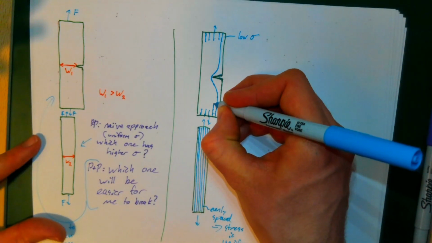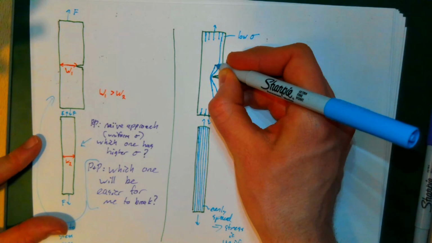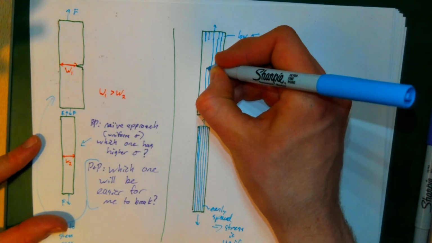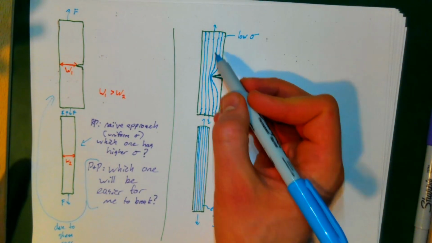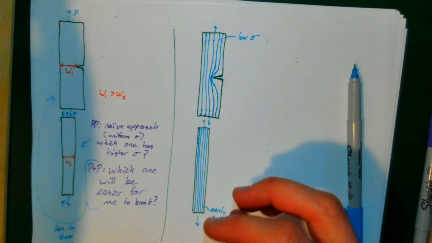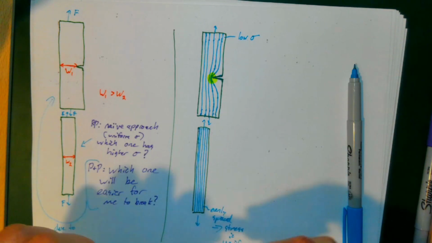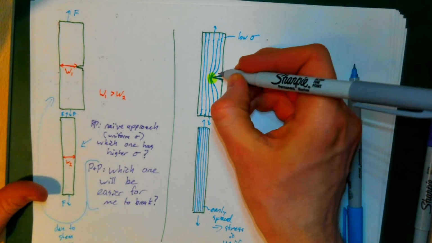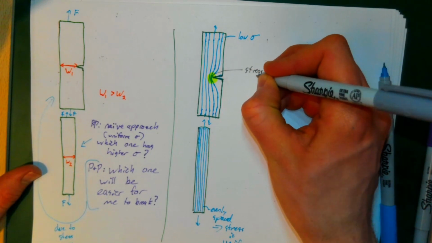So because they take a detour around that crack site, even if in these regions we have low stress, we have this region right here at the crack tip that leads to stress concentration. Right here at this crack tip, because these stress lines bunch up, we get stress concentration.